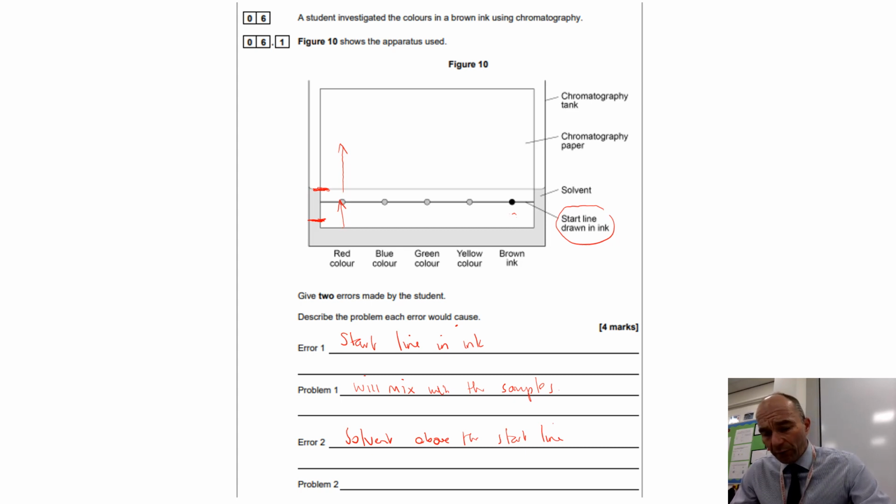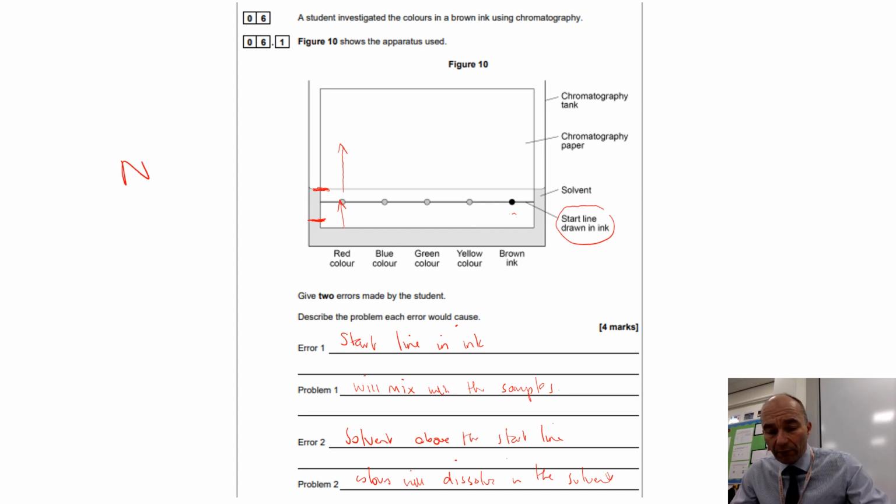Here, what's the problem going to be? Well, you're just going to wash the samples off your paper. So the colours or the inks will dissolve in the solvents, and you won't get any chromatography happening. You'll just get some coloured water. Now, there is a third error.